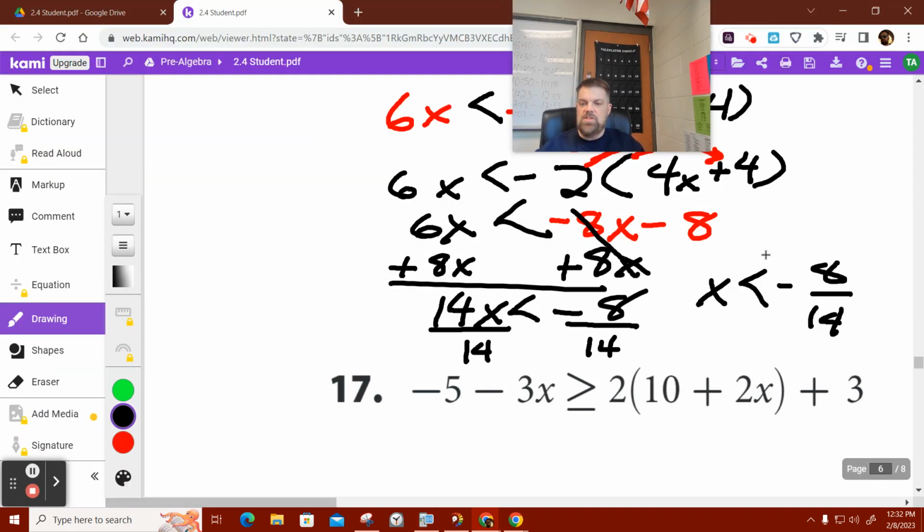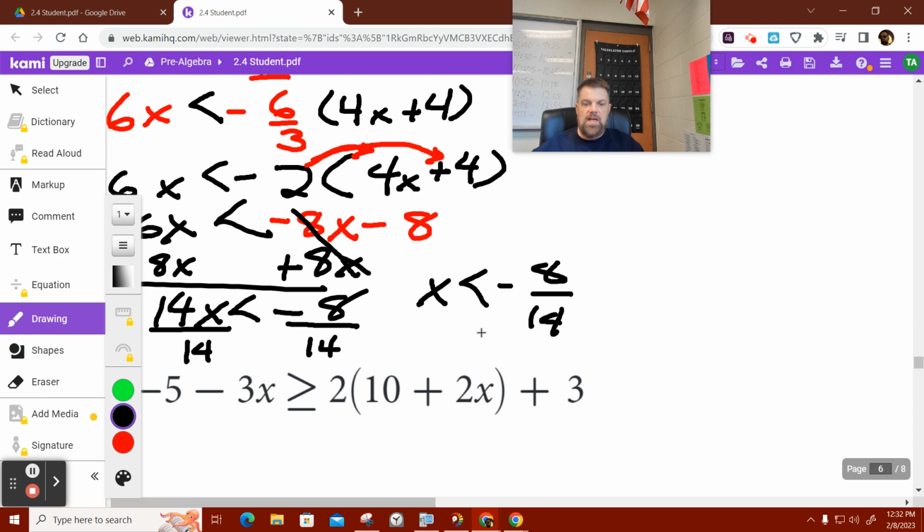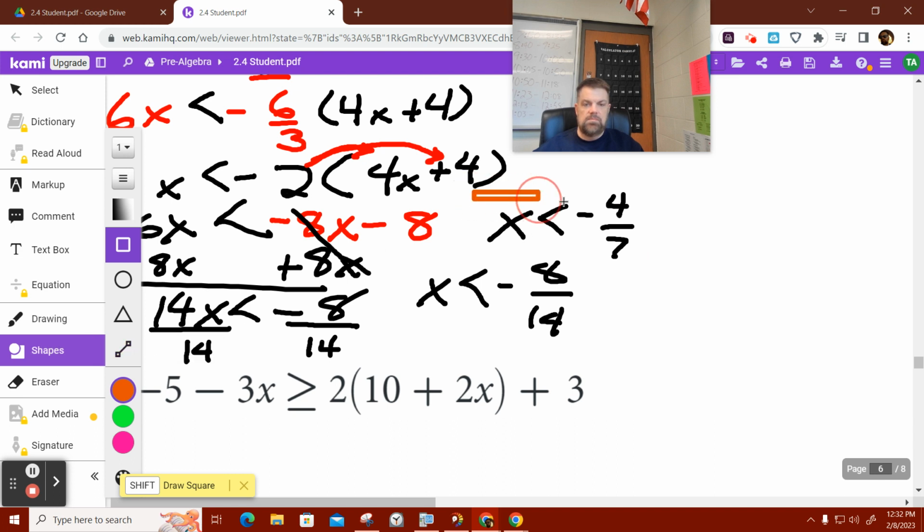So this whole thing gets reduced down to negative 4/7. I'm going to write that in here. And that's the answer for that one.